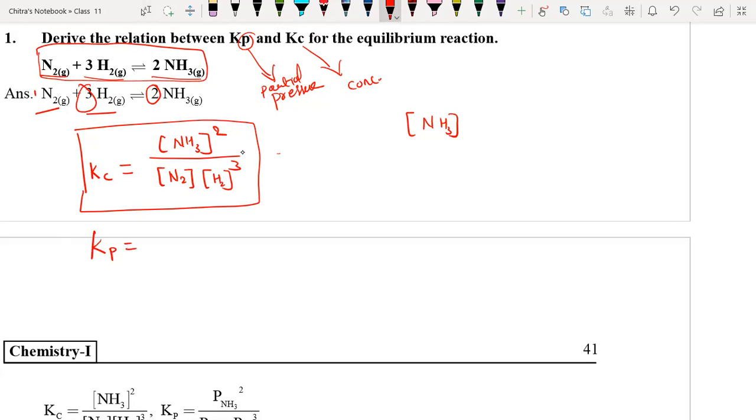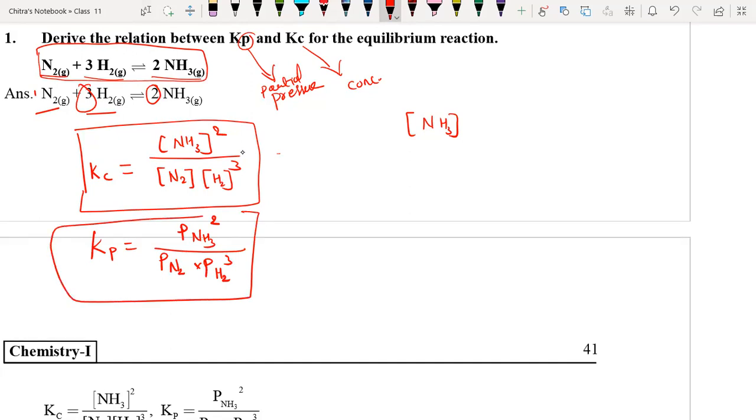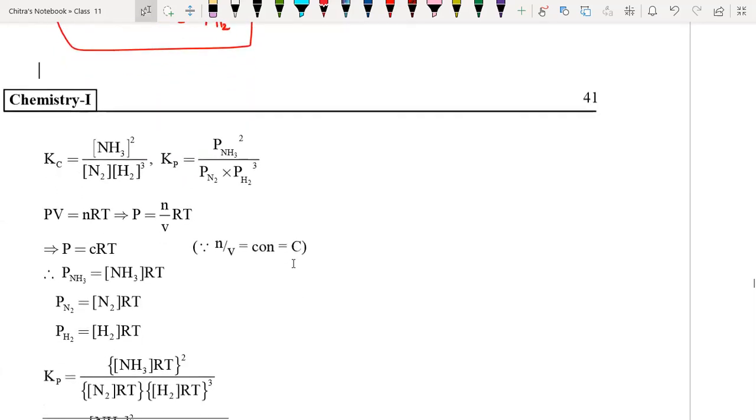Kp equals, again, the pressure of ammonia, with power 2 because of the coefficient, divided by the pressure of nitrogen with power 1, into the pressure of hydrogen with power 3, like this. So this is the expression for Kp. Here we have both relations, for Kc and Kp.